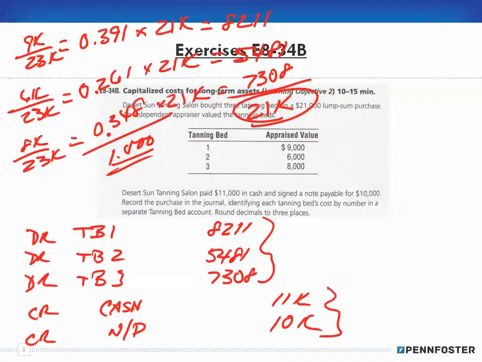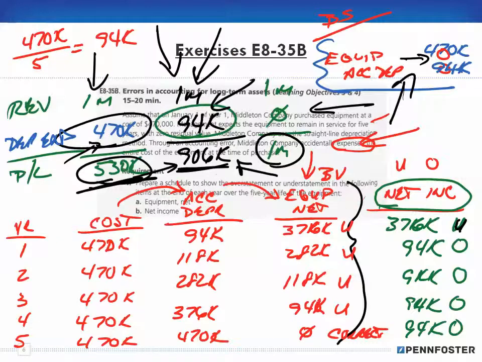Now, in the last video for 8-35, the essence of this exercise was calculating straight line depreciation and the effect when you have an error. What effect does it have on the balance sheet and the income statement?